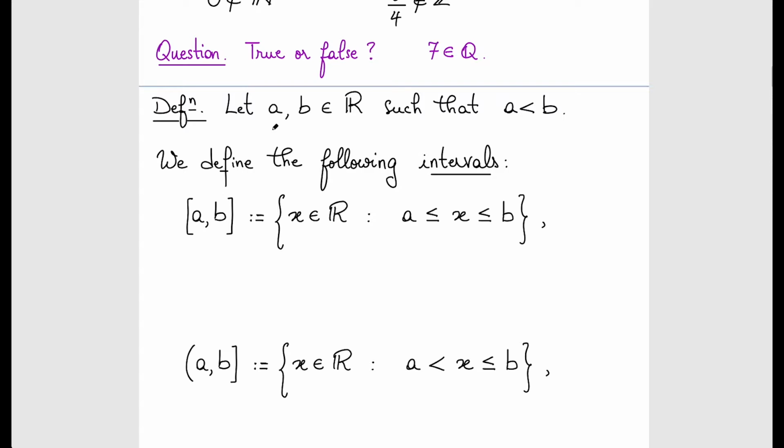The next definition is about intervals. Let's give ourselves a context. Let's take two numbers, A and B, and look at the writing here. What am I saying here?